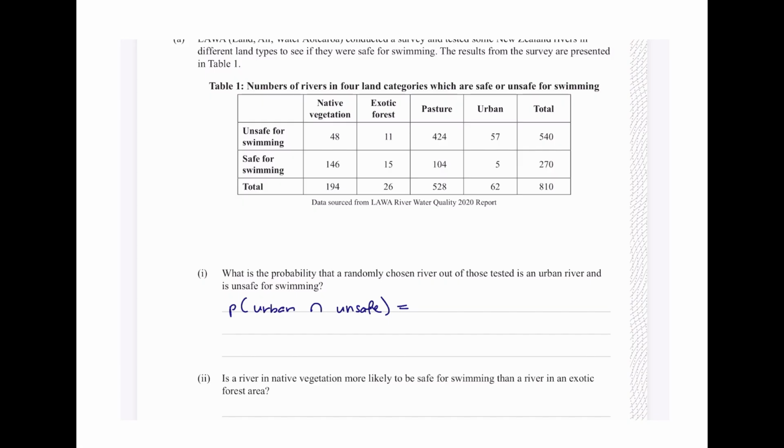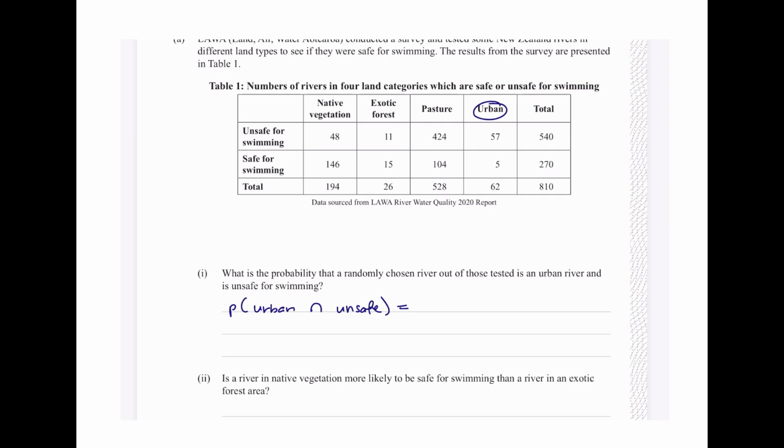Well, all we do is we look at our table. The first thing is urban. So we're looking at the probability that it's urban and that it's unsafe. So just from this column, we need to look at that unsafe. We go down to get the urban, and then we look at each row. We're looking for unsafe. This is our row, so we get to 57 there. All right.